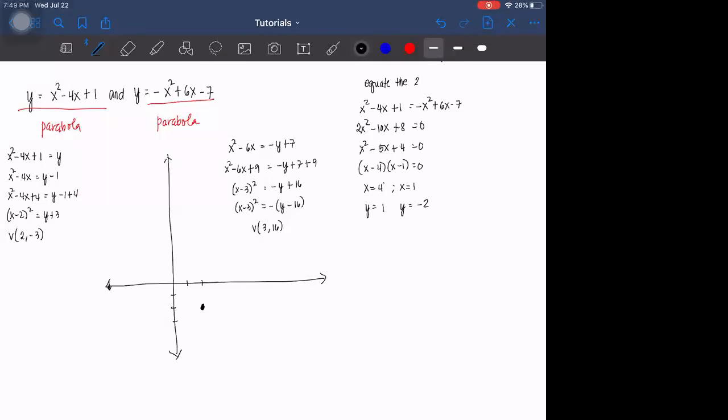Kung mauban na ang x squared minus 4x plus 1 ug y equals negative x squared plus 6x minus 7. So 4, 1, 1, negative 2.